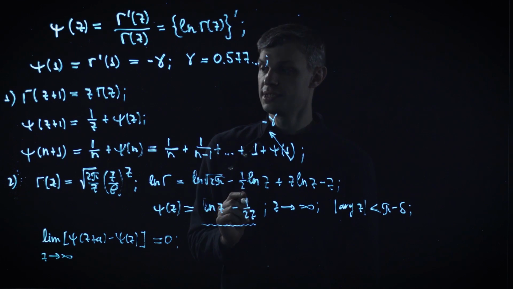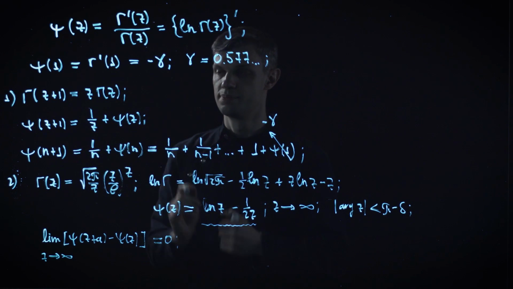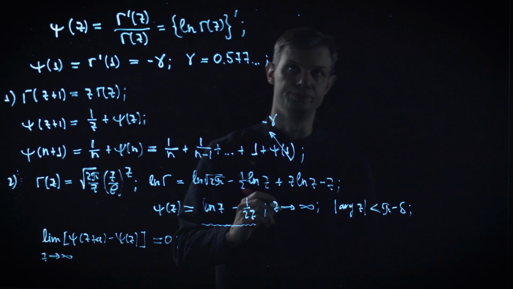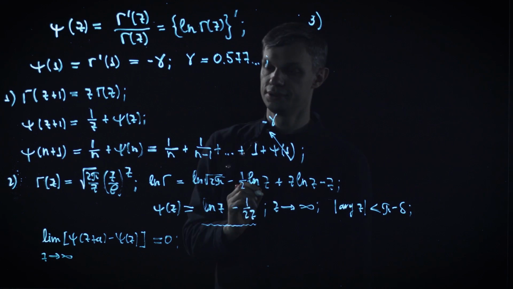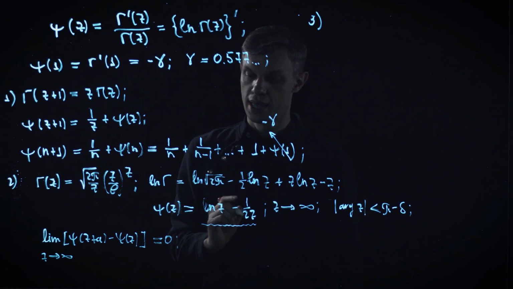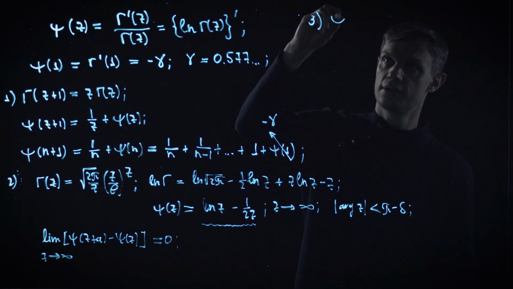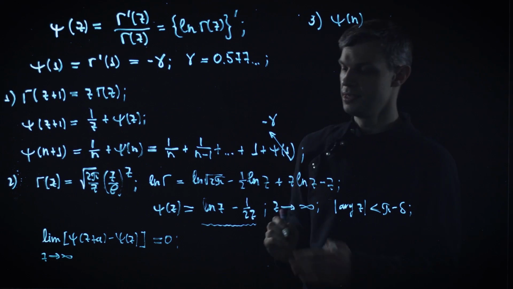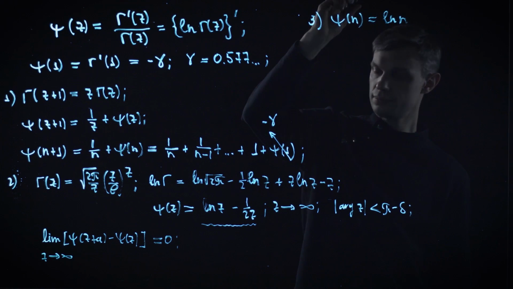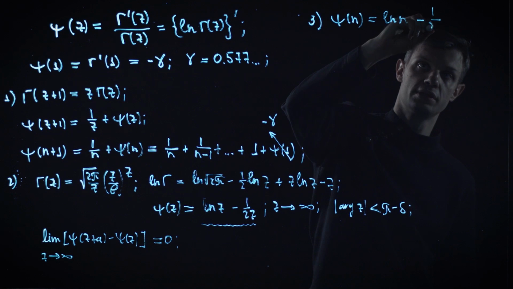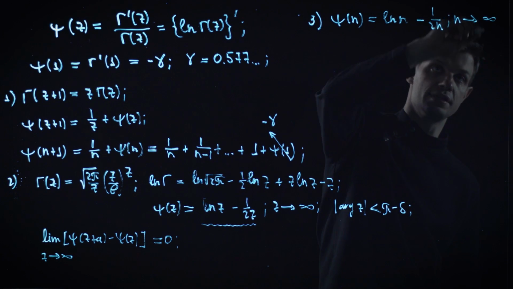And now we are ready to discuss some useful representations for the Euler psi function. So let's first study the following property. If z is an integer, then psi of n from the asymptotics is equal to the logarithm of n minus 1 over 2n, as n tends to infinity.